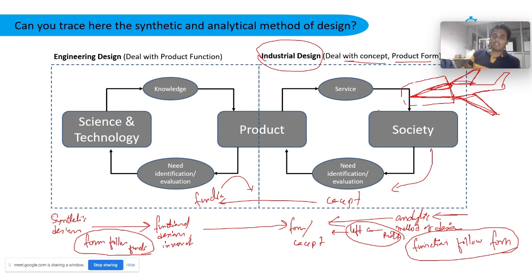See, in most of the cases it happens from both sides. Okay, we cannot say it like that. There are very few examples where you can say, like in the case of smartphones, when there's a technology, and because of the technology we come up with a new product. But in the case of this kind of product, you have some sort of requirements, and in most of the cases, at a very high level, these are societal requirements.